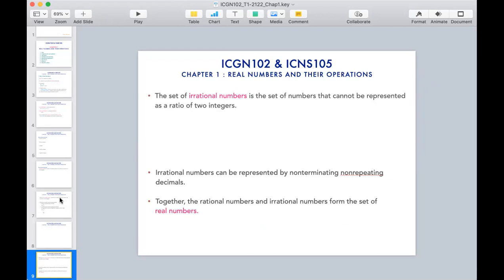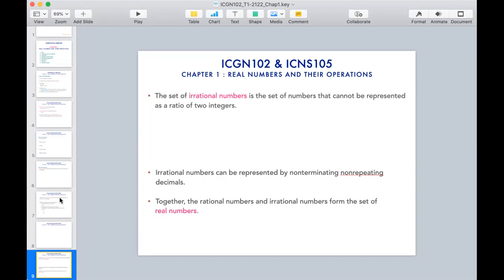The set of irrational numbers is different from rational numbers. Rational numbers are numbers that you can write as a quotient of integers, but irrational numbers are numbers that cannot be represented as a ratio of two integers. Irrational numbers can be represented by non-terminating, non-repeating decimals.